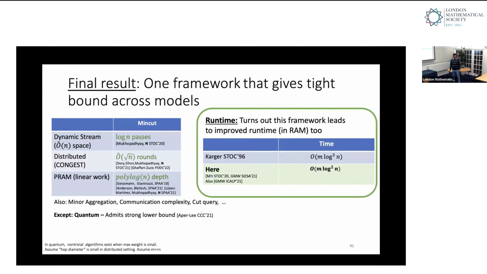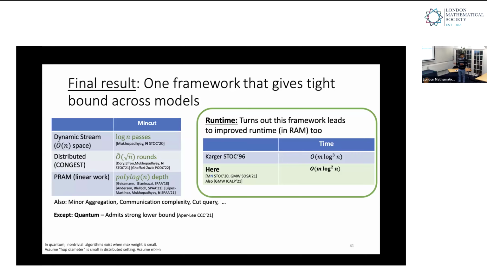So when we did this work, our intention was not to improve the sequential runtime. But this is what I was mentioning previously. When you look at a problem from different models, you get to discover the inherent hardness of the problem. And that might in turn give you some advantage in progressing even in the sequential model as well.